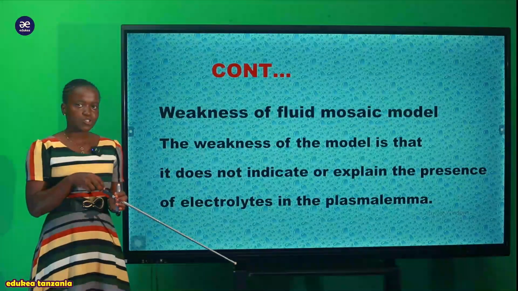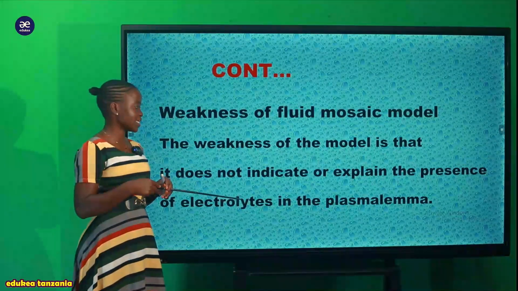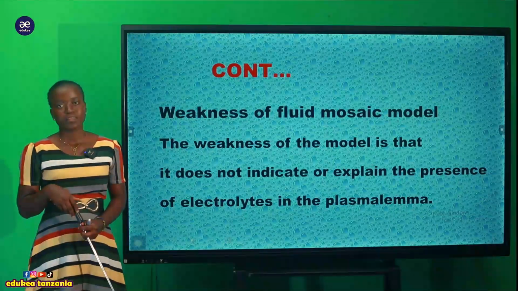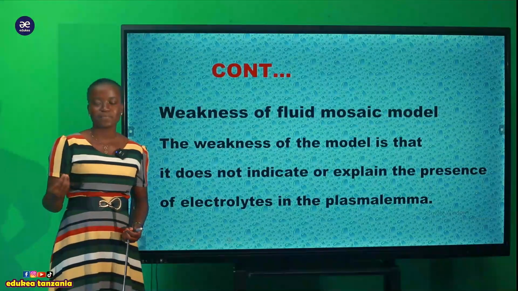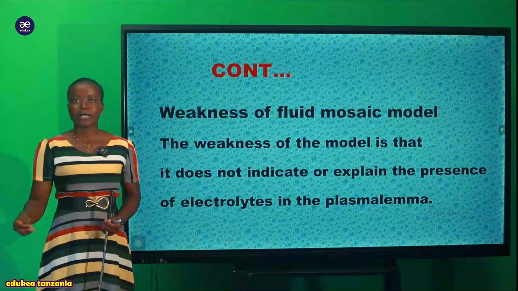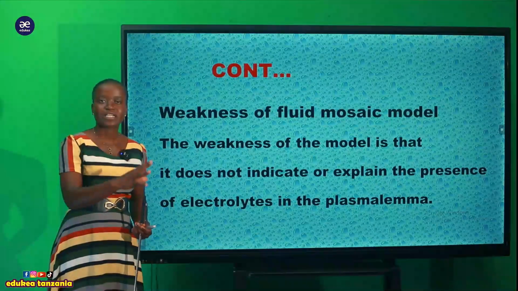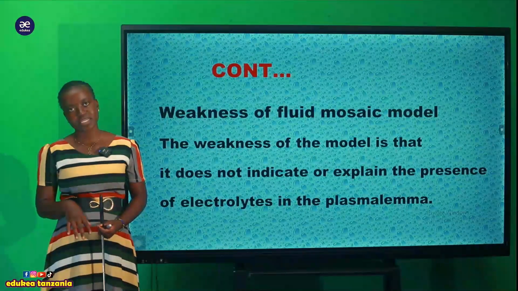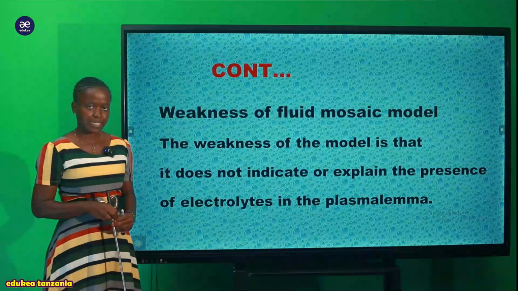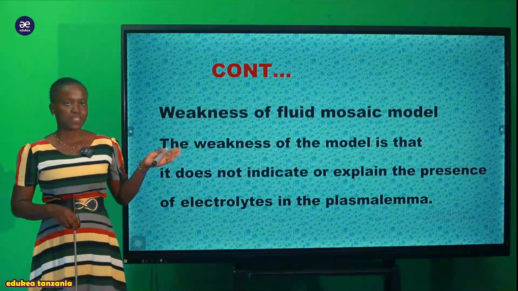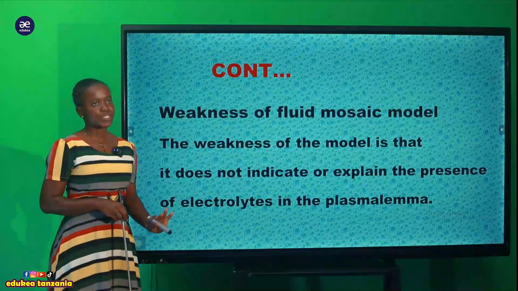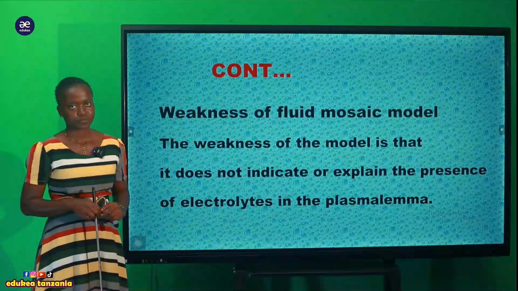But also, due to the presence of the electrolytes, it tends to give the signal that in that place there is a presence of maybe some kind of reaction or material that is needed to enter a certain cell. That is the weakness of the fluid mosaic model.